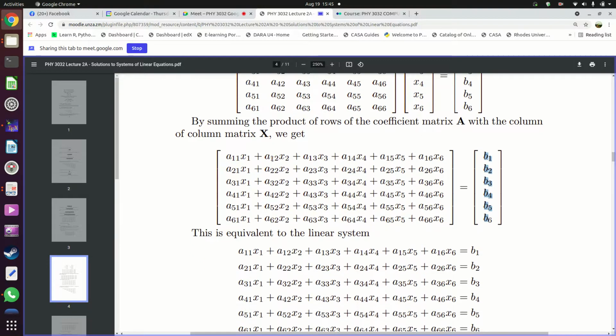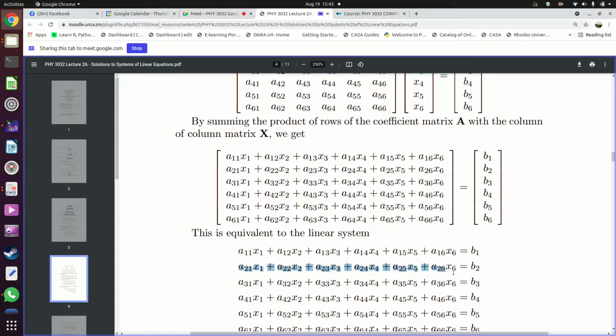So we're saying the rows are equal. If the rows are equal, then you can equate the first row to the first row here, which gives you A11 X1 and so on. Then the second row of this matrix you equate to the second row here, and you get this bit.